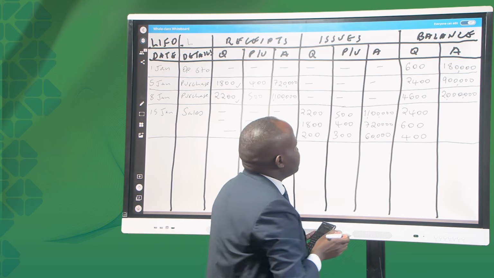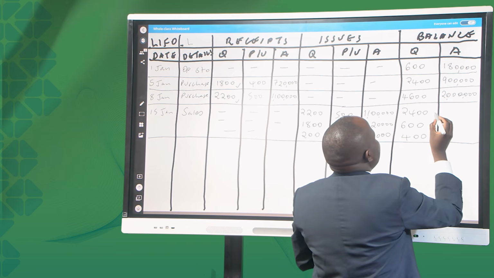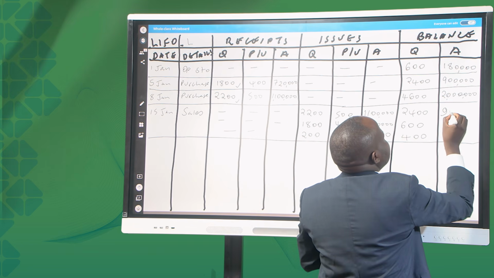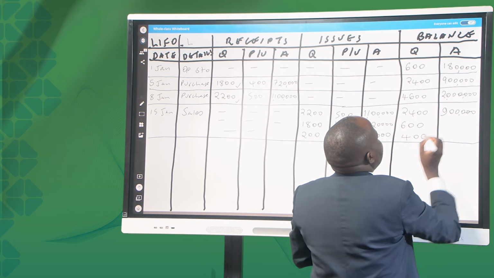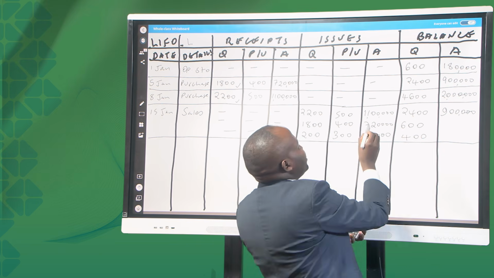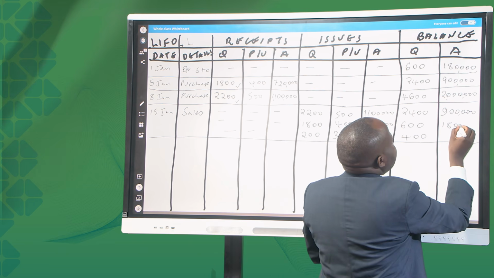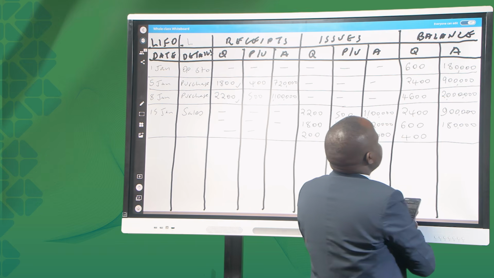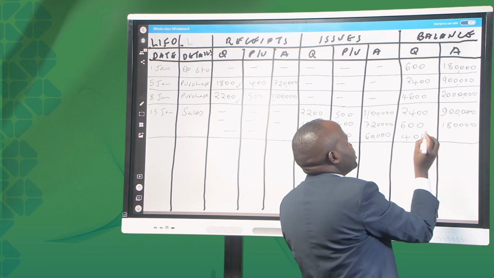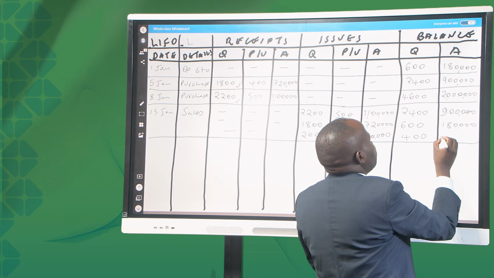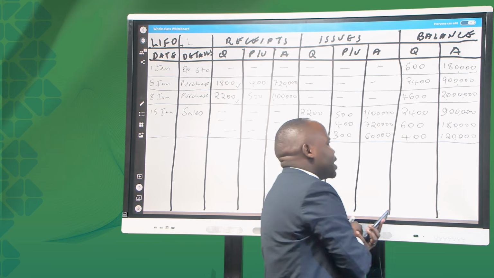For amounts, 2 million minus 1,100,000 is 900,000. 900,000 minus 720,000 is 180,000. 180,000 minus 60,000 is 120,000. So we are done with that date.